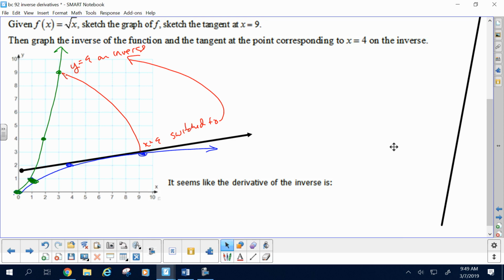Next thing is the slope. Let's talk the slope. Surely this slope, you could probably find it exactly. What is the slope of the tangent at 9?